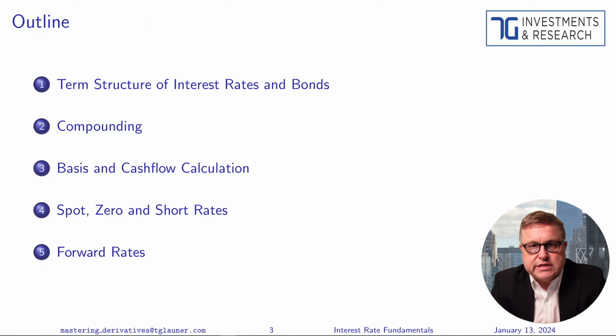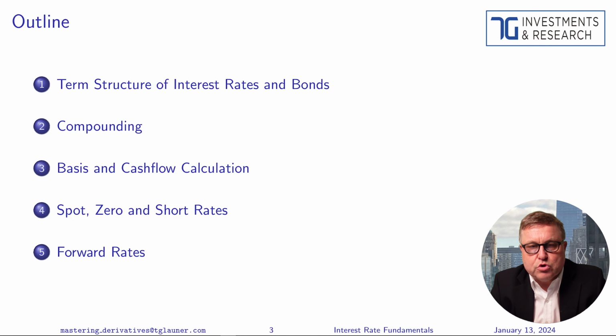The outline of this lecture is as follows. We will start with the term structure of interest rates, providing an example using bonds to calculate spot rates based on given bond prices. Next, we will discuss the compounding of rates and the concept of basis, a measure commonly used in various financial products to define the length of a year for interest calculations.